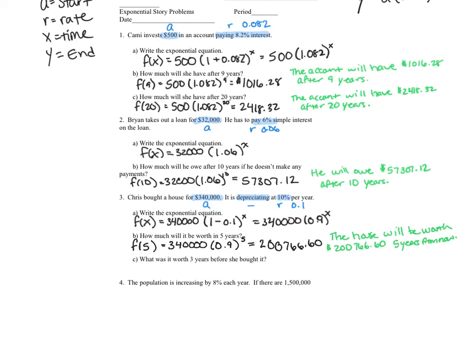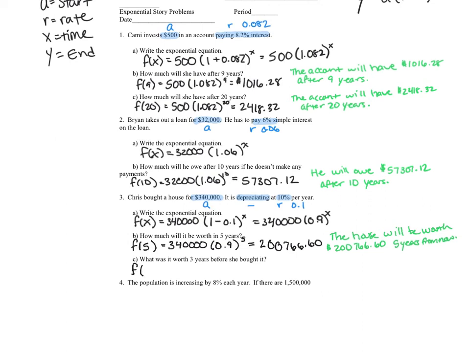But let's take a look at the next question, because the next one gets a little bit tricky. It says, what is it worth 3 years before she bought it? So if it's 3 years before she bought it, that's back in time. So what we can do is, if we want to go back in time, if we think of a number line where now is 0 and 5 years in the future was just the number 5, if we go backwards on our number line, 3 years ago is going to bring us into the negative numbers.